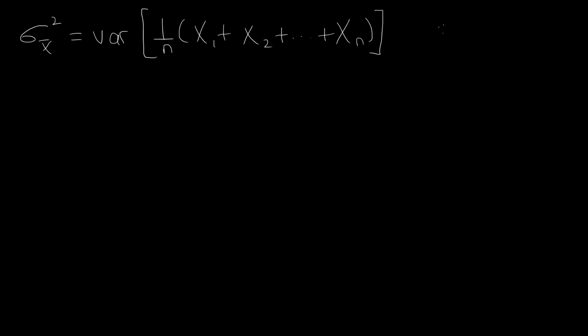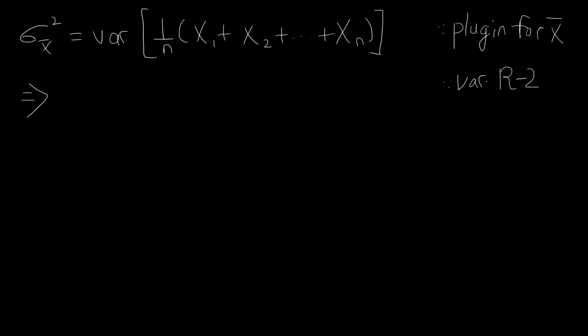So here all that we have done is plug in for x bar. Okay, so far so good. Next, we can use variance rule number 2 to bring out 1 over n as a common factor. And as always, we should explain why we're doing what we're doing. So this one is variance rule 2.